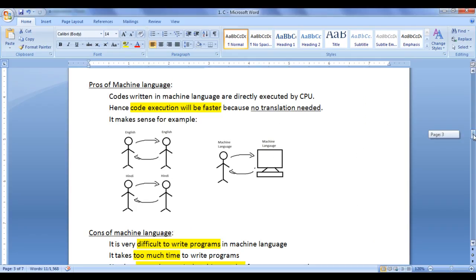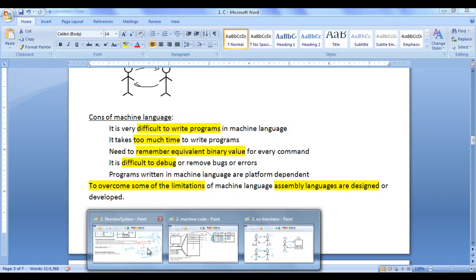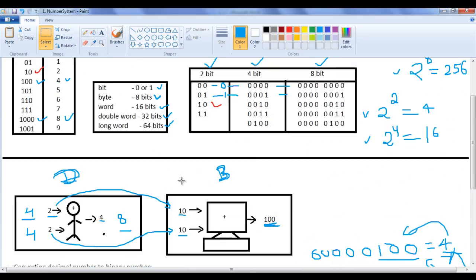But there are some disadvantages or cons of machine language. What are they? It is very difficult to write programs in machine language. It takes too much time to write programs. The reason is everything we have to give to a computer in zeros and ones. Just now we have seen that if we have to tell the computer to perform just the addition of two numbers, I have to convert those decimal numbers to binary numbers, right?